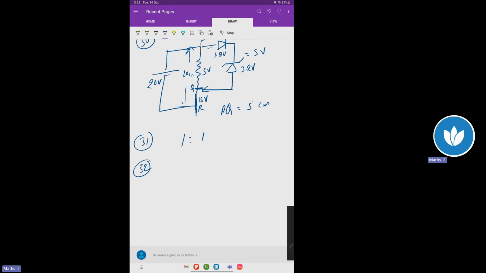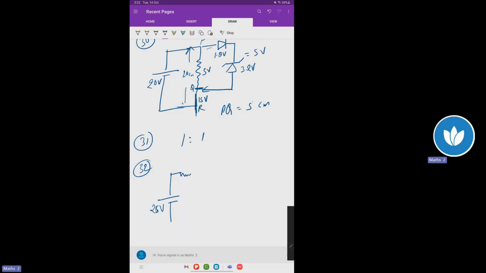A Zener diode with 5 volt Zener voltage is used to regulate an unregulated DC voltage input of 25 volt. For a 400 ohm resistor connected in series, the Zener current is found to be 4 times load current. So we have a battery of 25 volt.